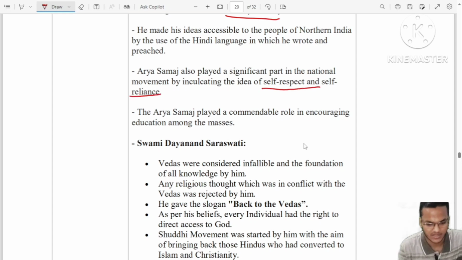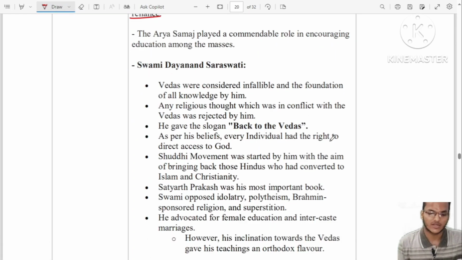The idea of self-respect and self-realization was first started by Arya Samaj. Dayananda Saraswati gave the slogan 'Back to the Vedas'. As per their belief, every individual had the right to direct access to God.